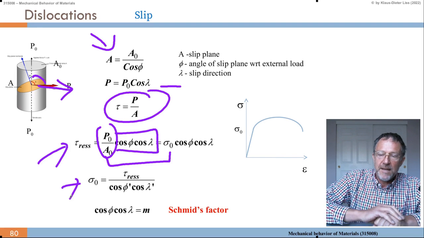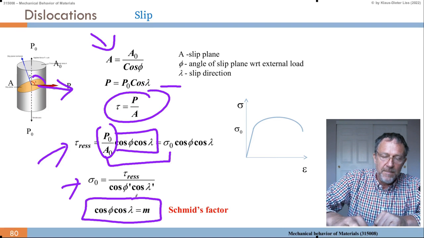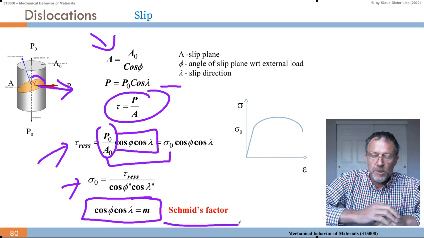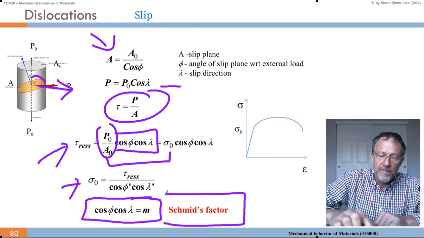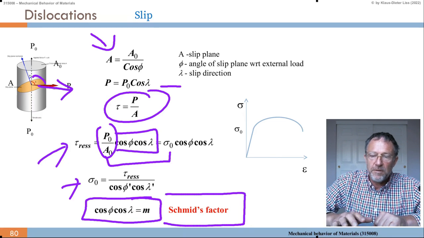These cosines occur everywhere, and we call this product of the two cosines M, the Schmidt factor. And this you need to know. This formula on this slide you have to know.